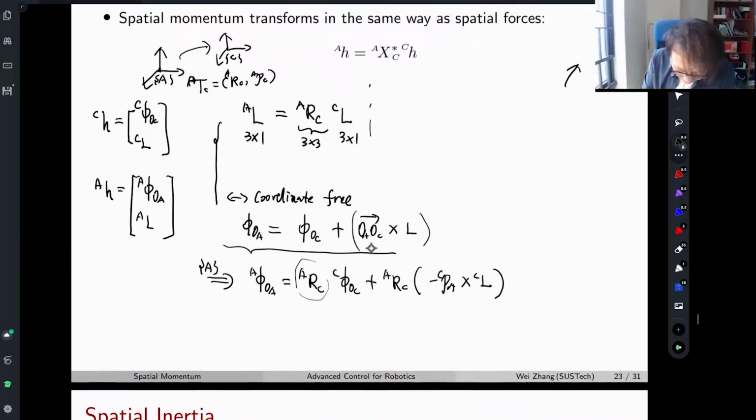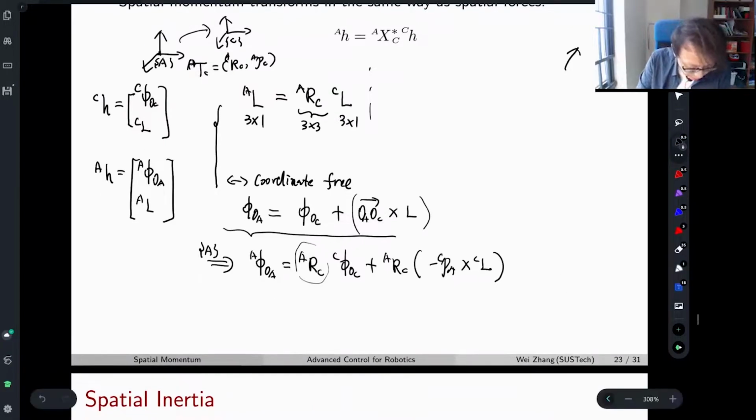This is nothing but from C to OC to OA, so that's where the negative sign comes from. If you do some kind of check, you find these two relations already.